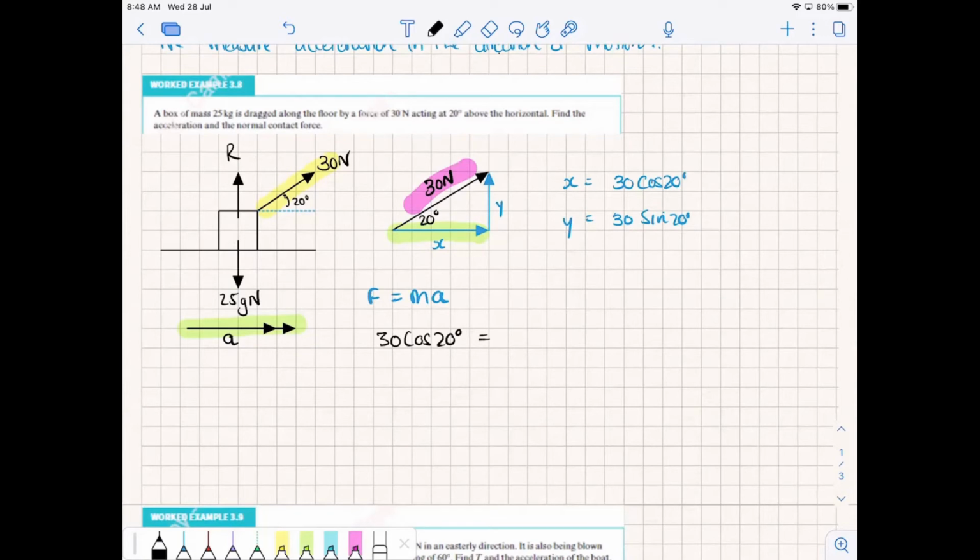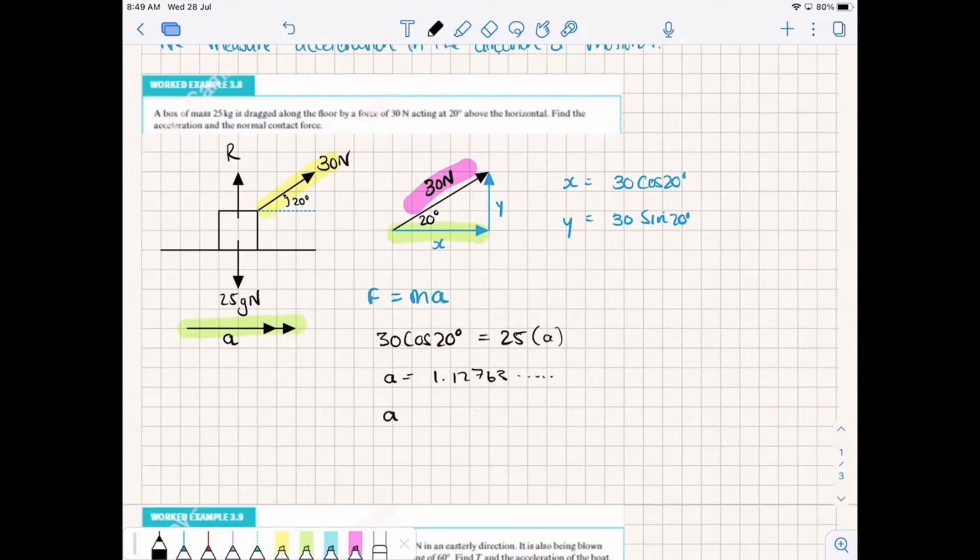The mass of the object was given as 25 kilograms, and acceleration is the thing we're trying to work out. So we're going to go 30 cos 20 on the calculator, and then divide by 25. And this is going to give you your acceleration as 1.12763.